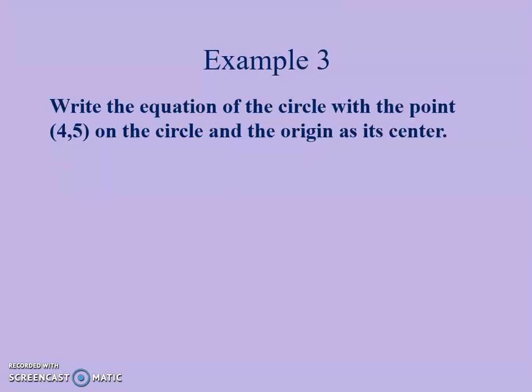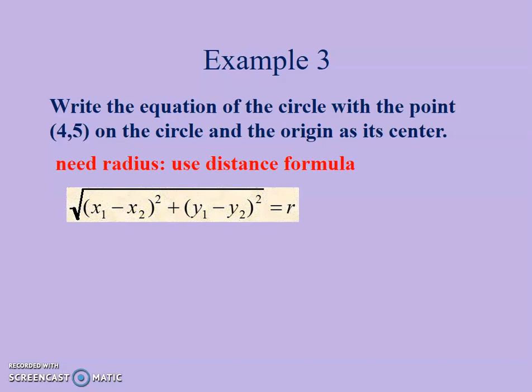For example 3, write the equation of a circle with the point 4 comma 5 on the circle, and the origin is its center. So we know h and k are going to be 0, 0. We need to know the radius. In order to find the radius, we're going to find the distance between the center and the point on the circle. So in order to do that, we're going to use our distance formula.